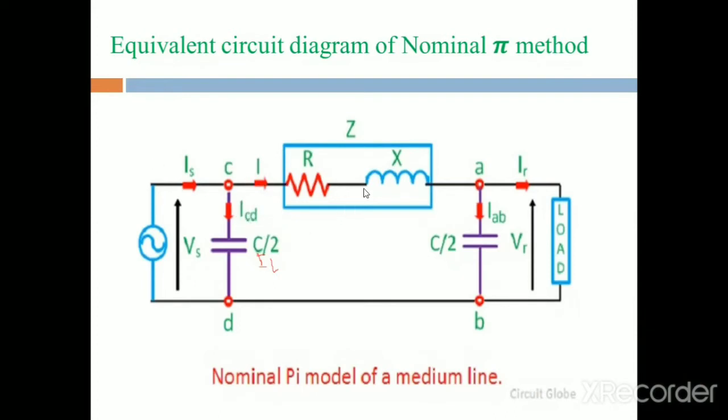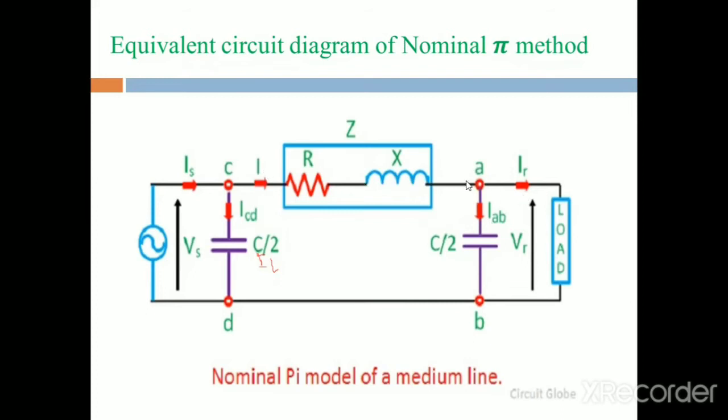Next, this IL current is flowing through point A, and then we apply KCL at this node point. What are the entering currents at node A? That is IL. Why is it called IL? Because the current flowing through this transmission line is represented as IL, the line current.